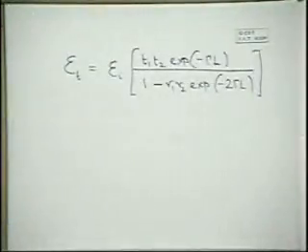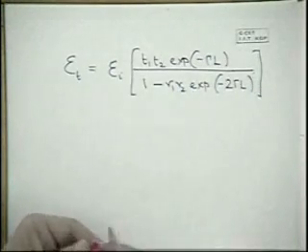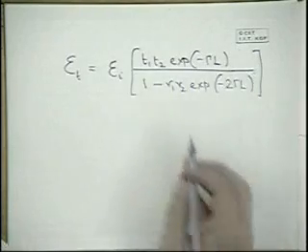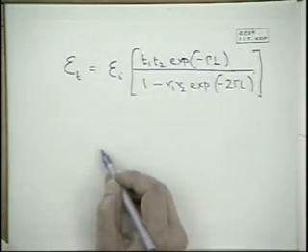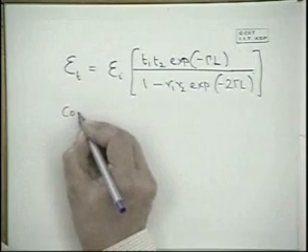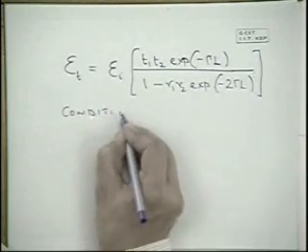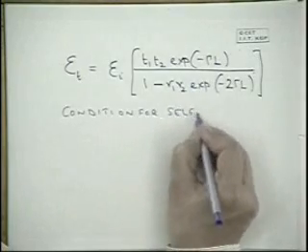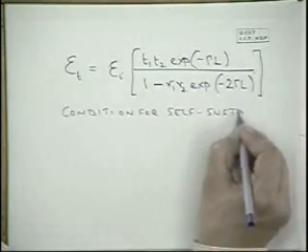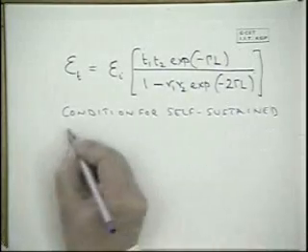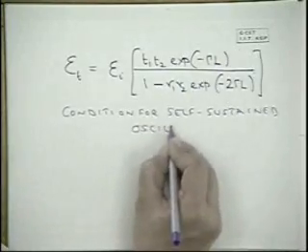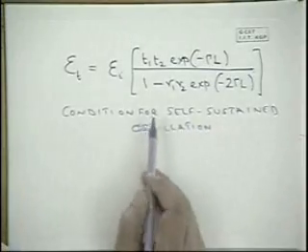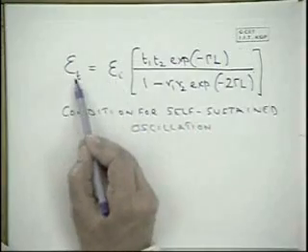Now, a laser is a self-sustained oscillator. And so the condition for self-sustained oscillations: if there is a certain amount of gain, then with EI you will get some ET.